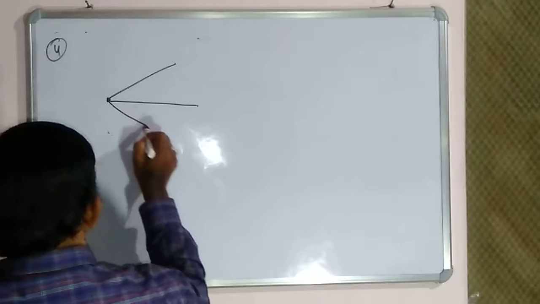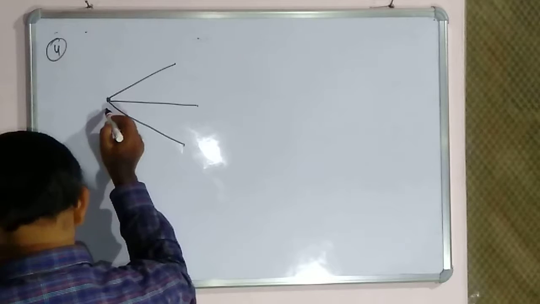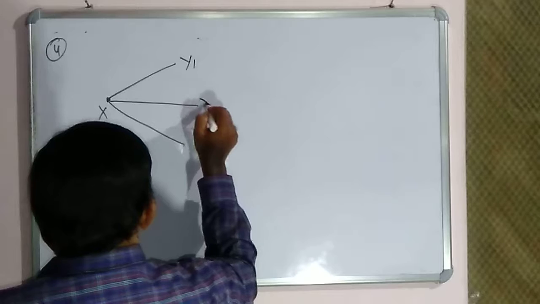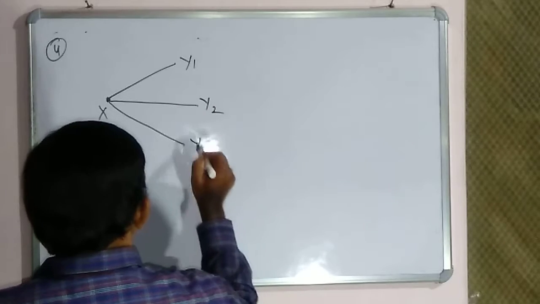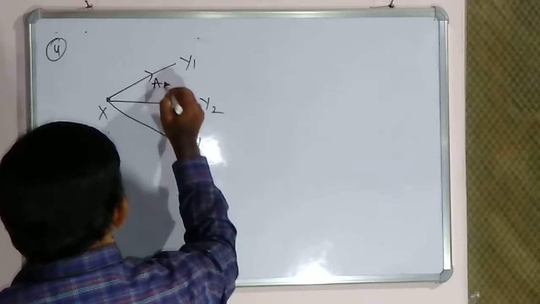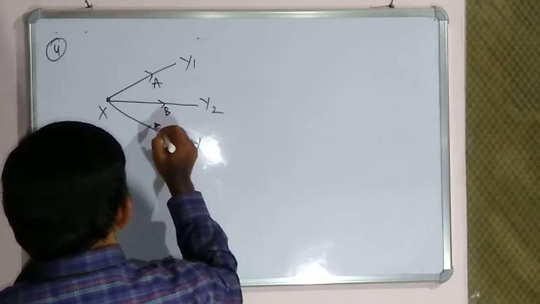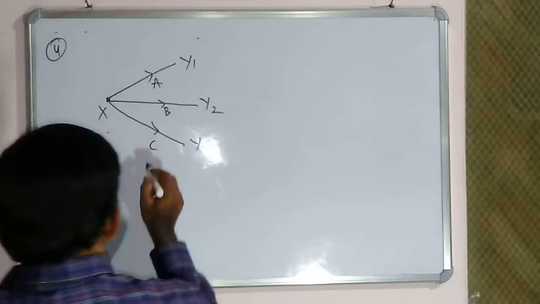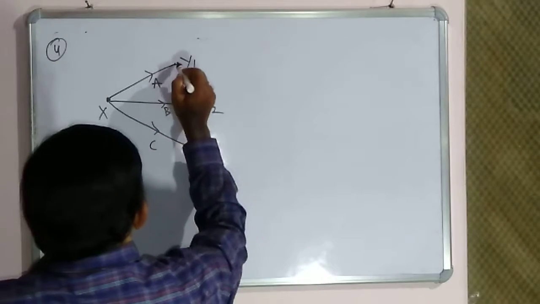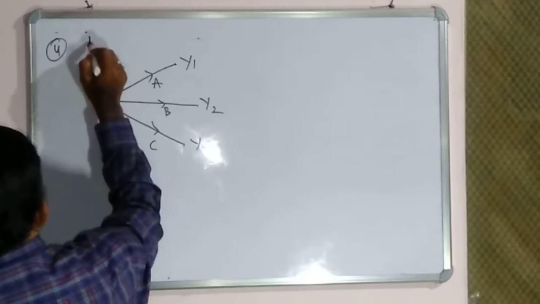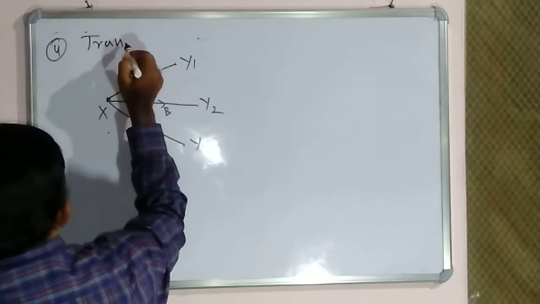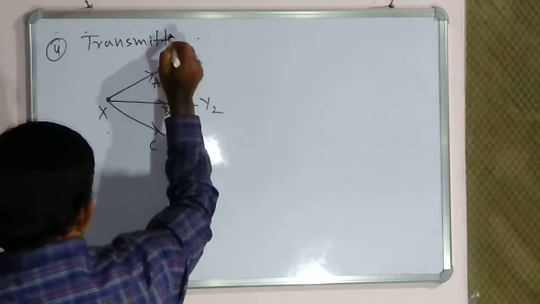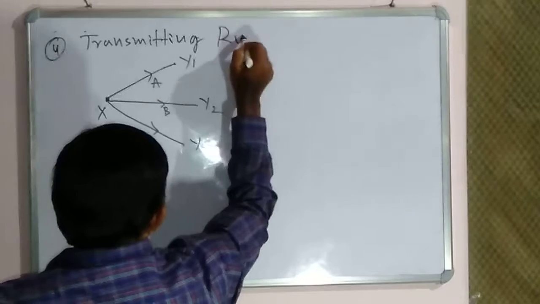This is the node x, and these are y1, y2, y3, with gains a, b and c. This is called the transmitting rule.